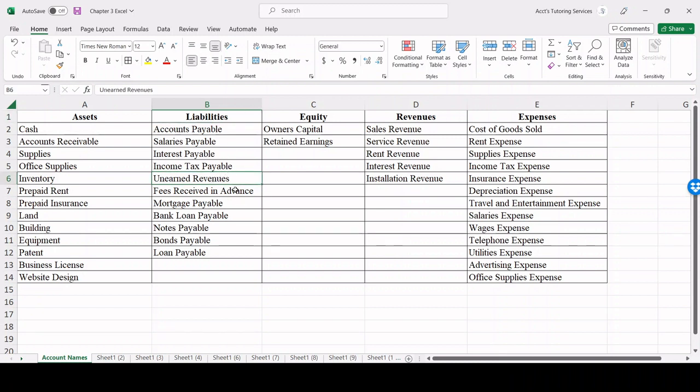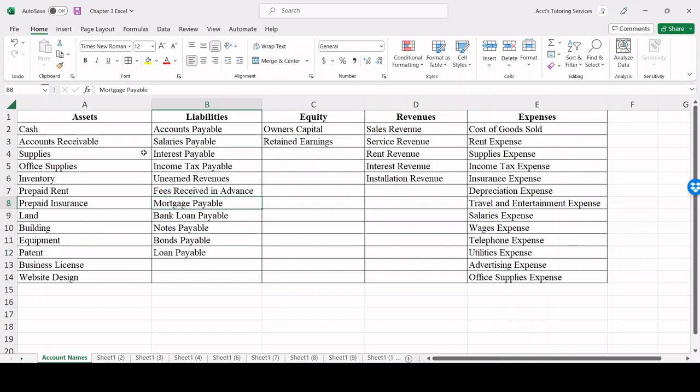Another term that's used for unearned revenues within this textbook is fees received in advance. It means the exact same thing. We haven't earned that revenue yet. But once we earn that revenue, then that quickly becomes sales or service revenue, correct? But for now, since it's unearned, it's going to be a liability.